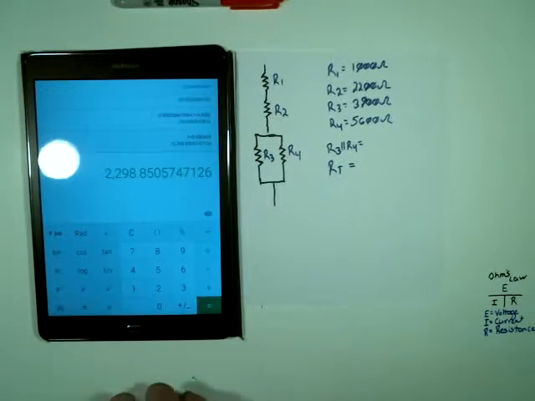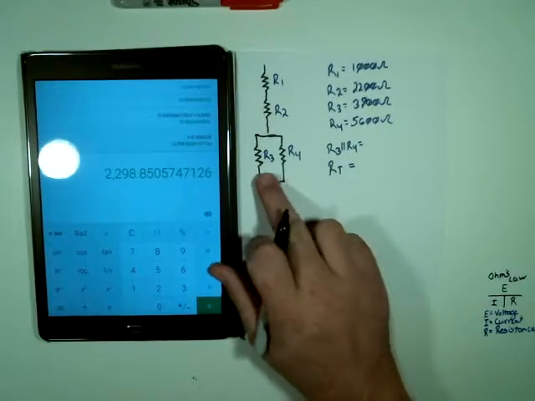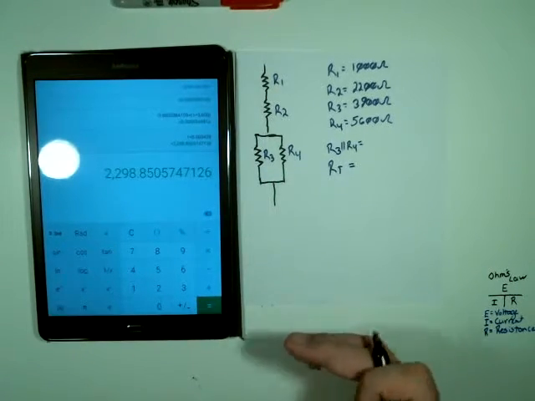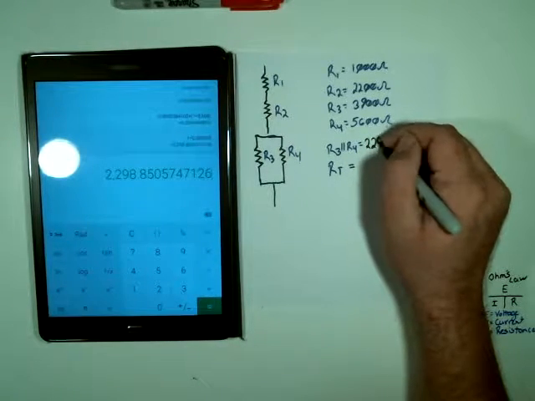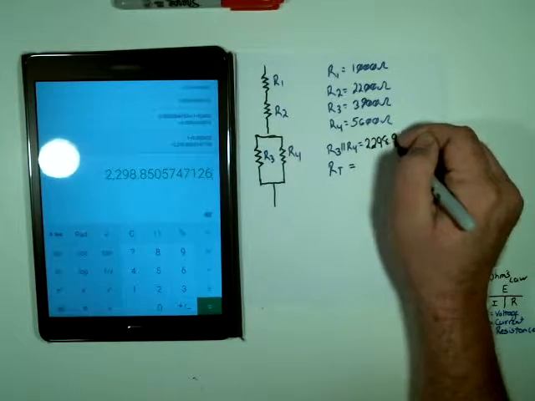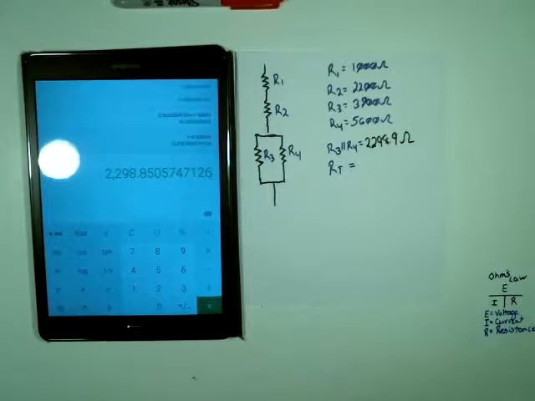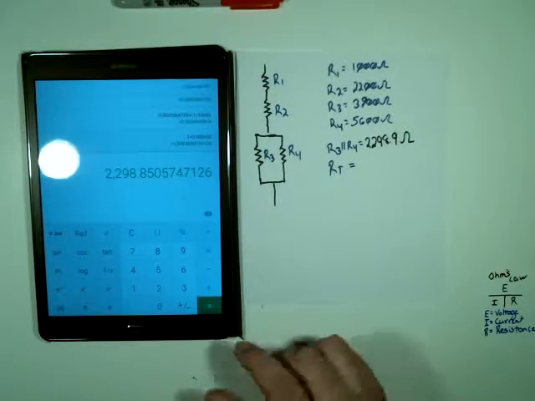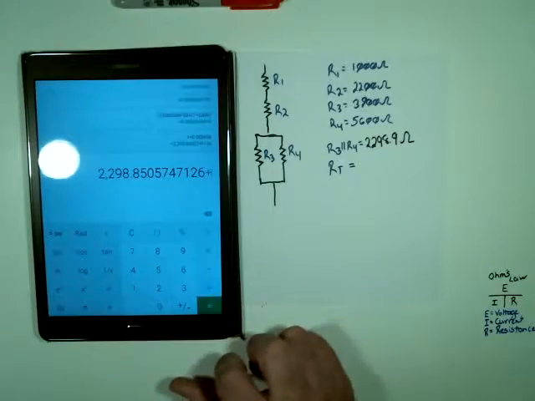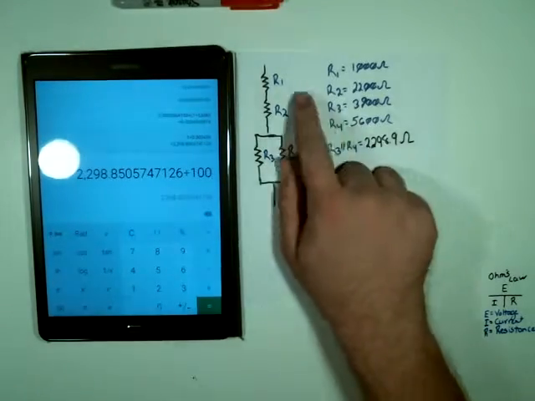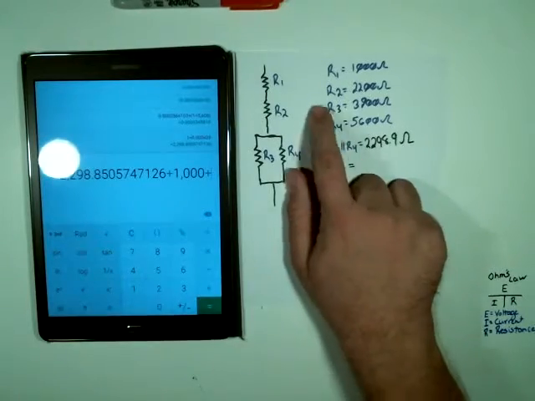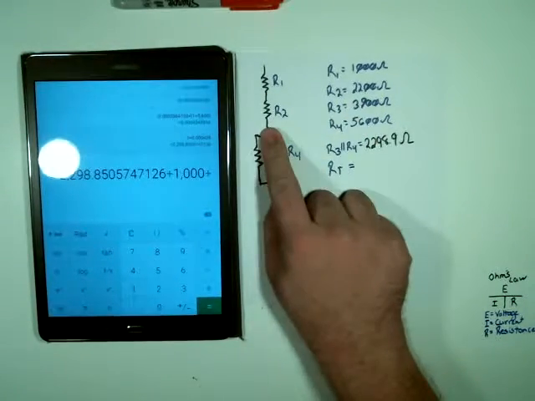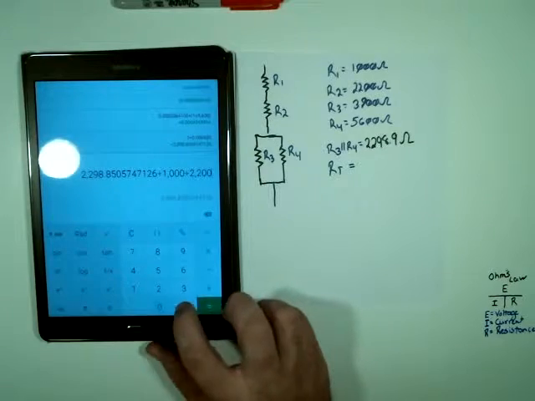0.000435. Remember, 3 significant digits. So the equivalent resistance between these two is roughly 2298.9 ohms. So we just add that total to the 1000 for R1 and the 2200 for R2.